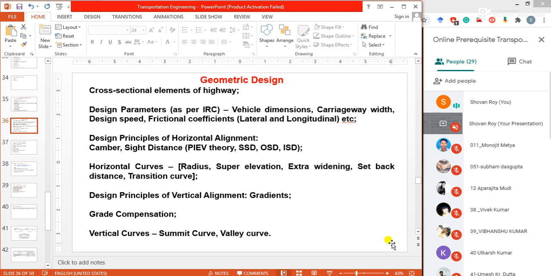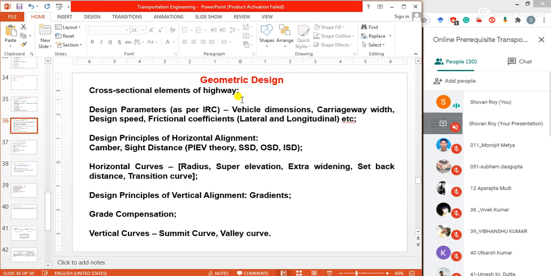So lots of elements are involved in geometric design. As per the syllabus you can see the cross sectional elements of highway, side distance considerations, horizontal alignment details, vertical alignment details, and intersection elements.